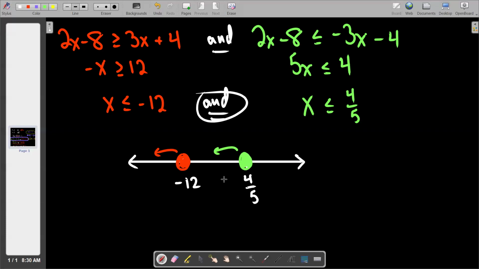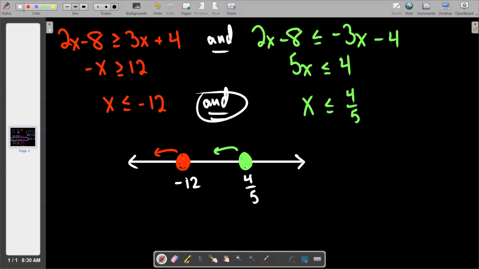Like you could pick 0 because that's less than one of them. But the key when it says and is that they both have to be true. So when it says and, you've got two inequalities that are flowing in the same direction, and to make them both happy, you have to pick the one that's further along.